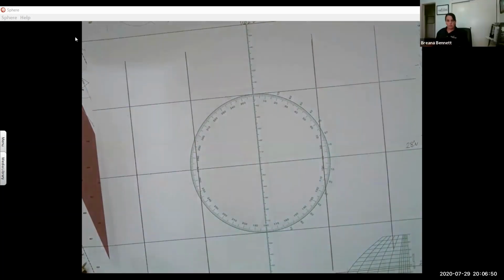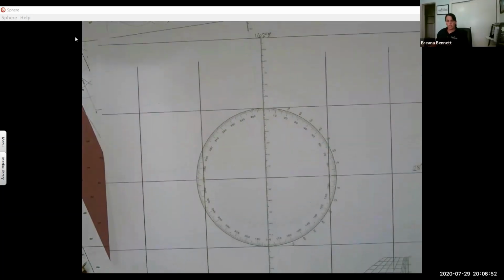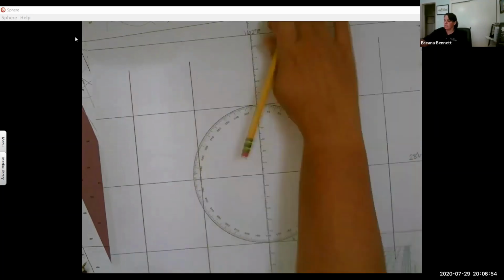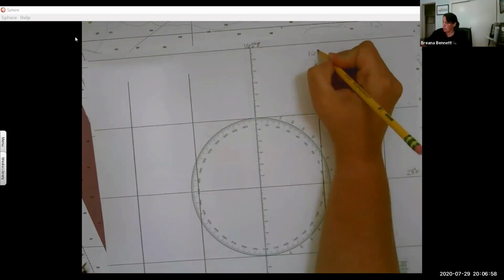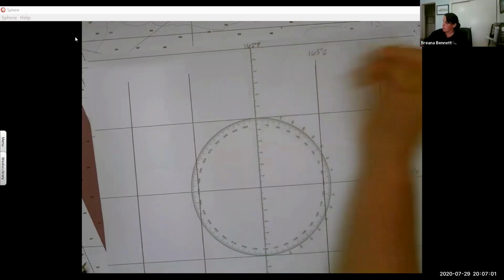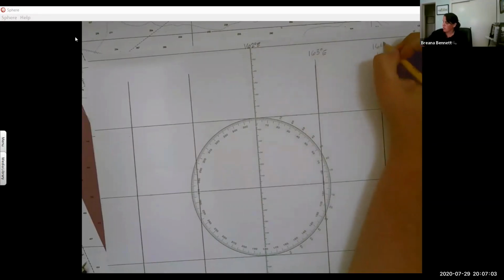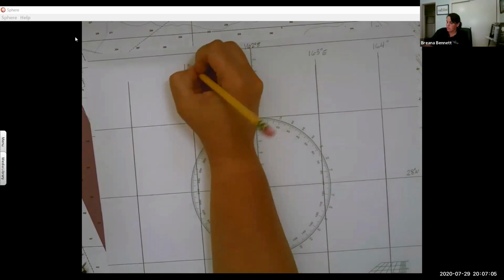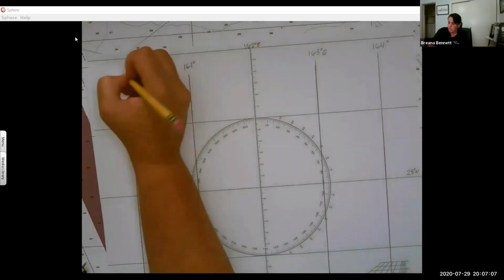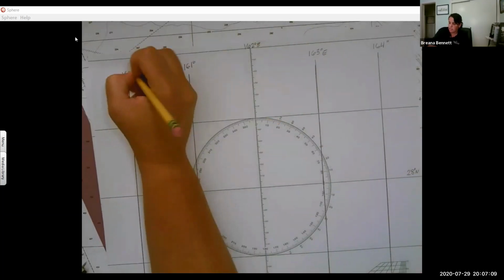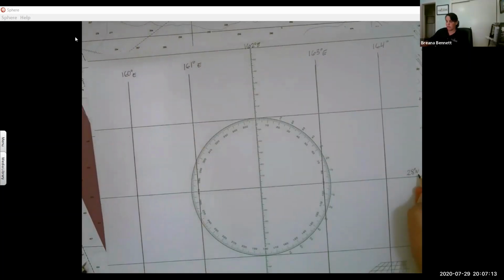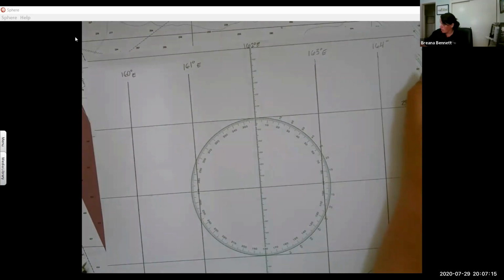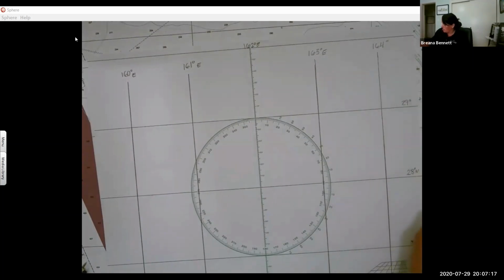Okay, so I have my longitude lines. This was 162 east, so I have 163 east, 164, 161, and 160. If this was 28 north, I have 29 and 27.